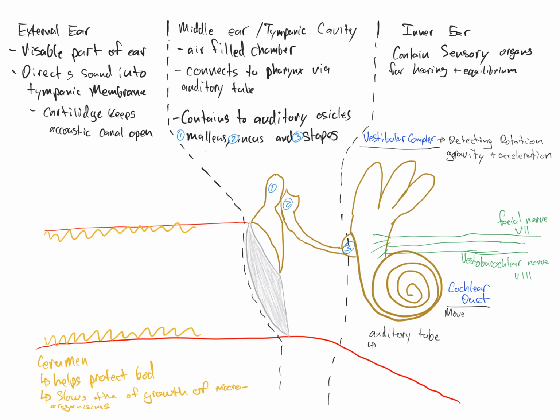So movement of the stapes provides pressure on hair cells in the cochlea.